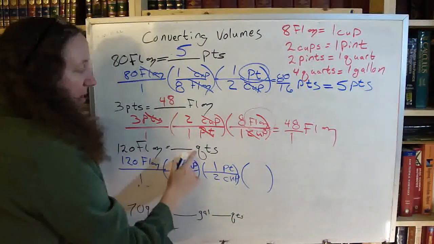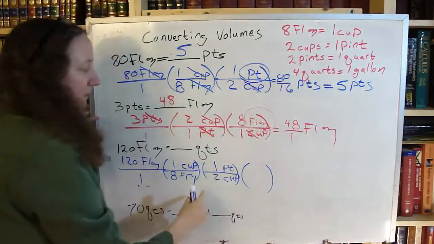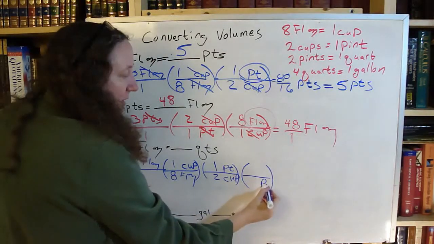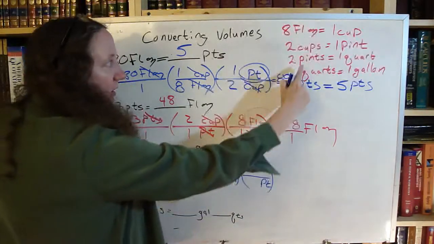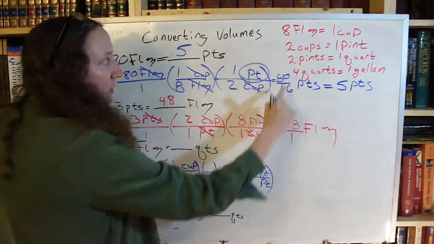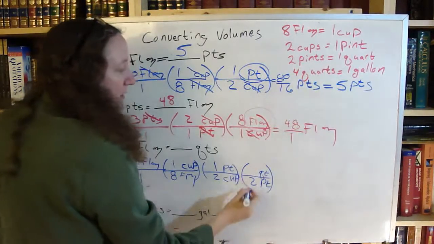Don't want to stop with pints, I want to keep going. I see pints and quarts. Pints is on the top. I put it on the bottom. I go to quart. 2 pints, 1 quart.